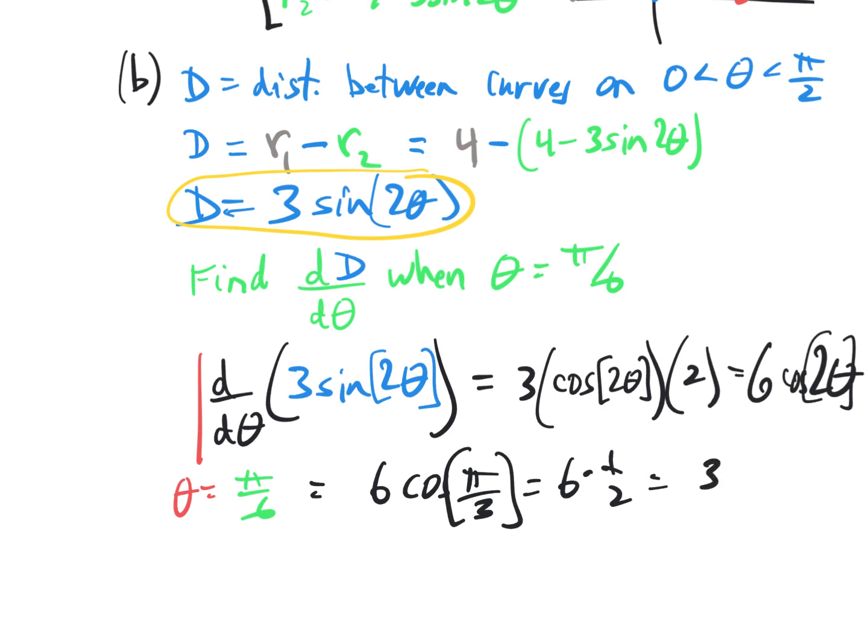So it's changing at a rate of 3 units per radian, because we're doing d distance, d theta, so the rate of change of the distance in distance units with respect to the rate of change of theta, which is in radians. So 3 units per radian is how fast it's changing, which seems pretty fast. Regardless, that's the answer for 106 part B.